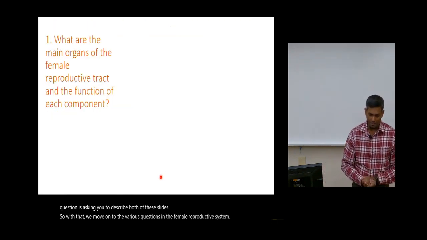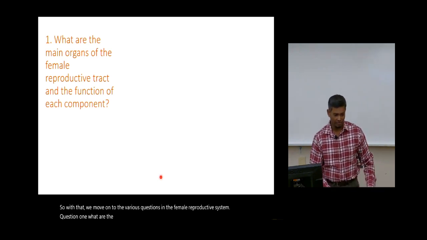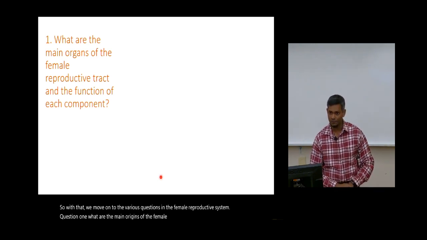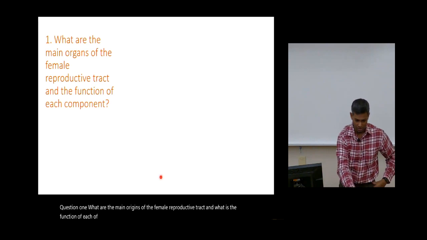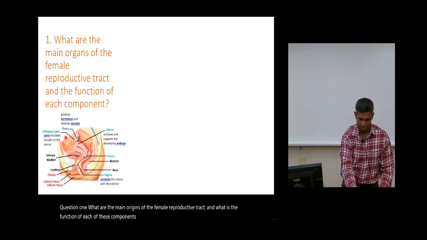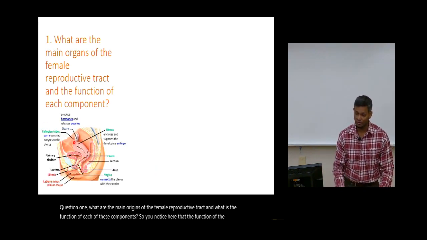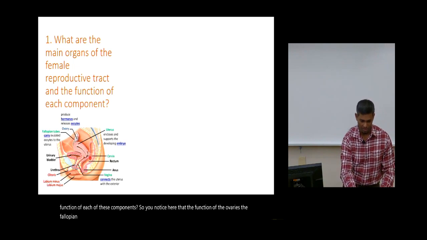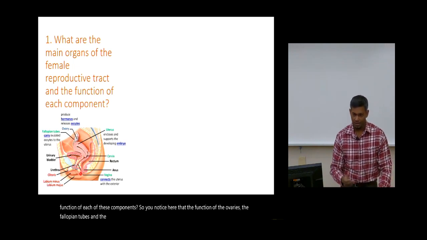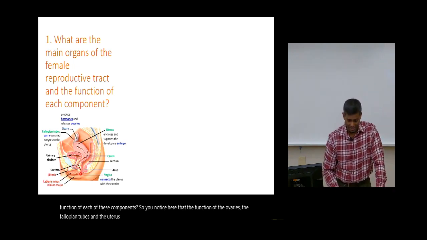Question 1, what are the main organs of the female reproductive tract and what is the function of each of these components? So you notice here that the function of the ovaries, the fallopian tubes, and the uterus will be mentioned in this slide.